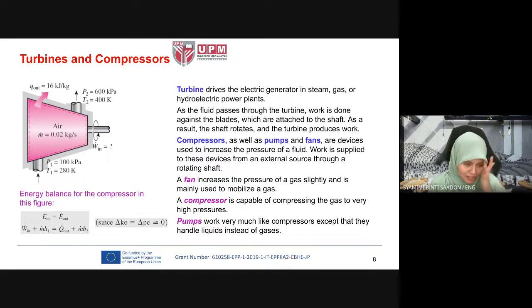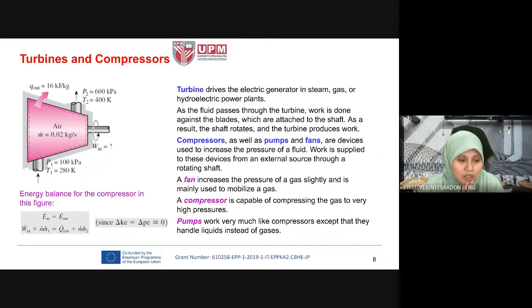It's W in, m h1 equals W out plus m h2. There is of course some sort of heat transfer, but it is negligible.